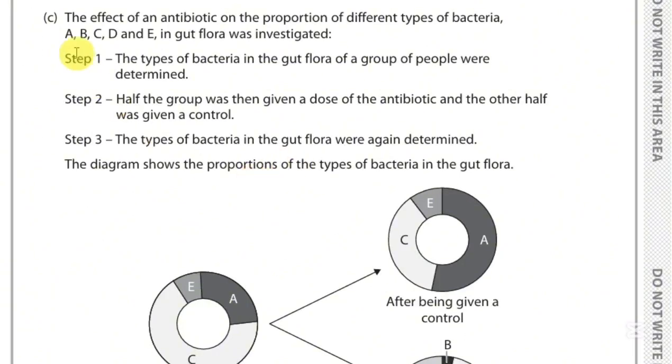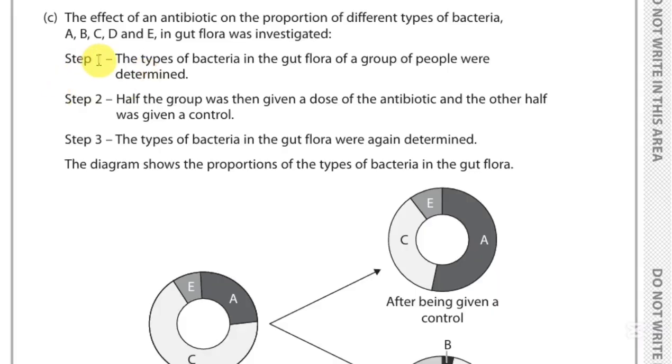The effect of an antibiotic on the proportion of different types of bacteria A, B, C, D, and E in gut flora was investigated. So it's an investigation where the effect of antibiotics on the proportion of different types of bacteria was seen.